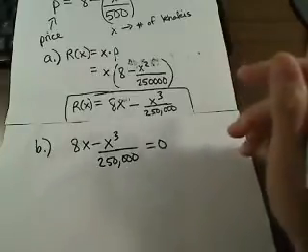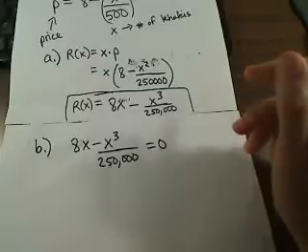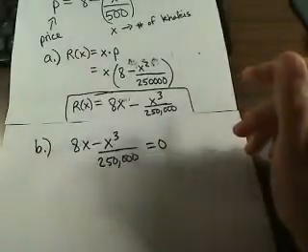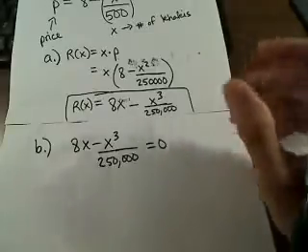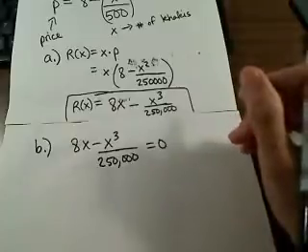We need to see where it is positive and where it is negative in order to identify the domain. So the first thing is we have to figure that part out.